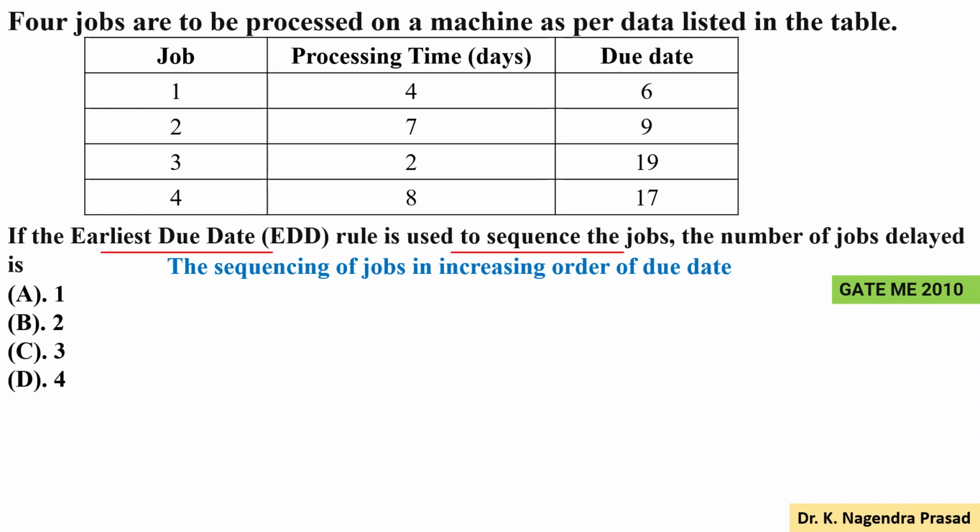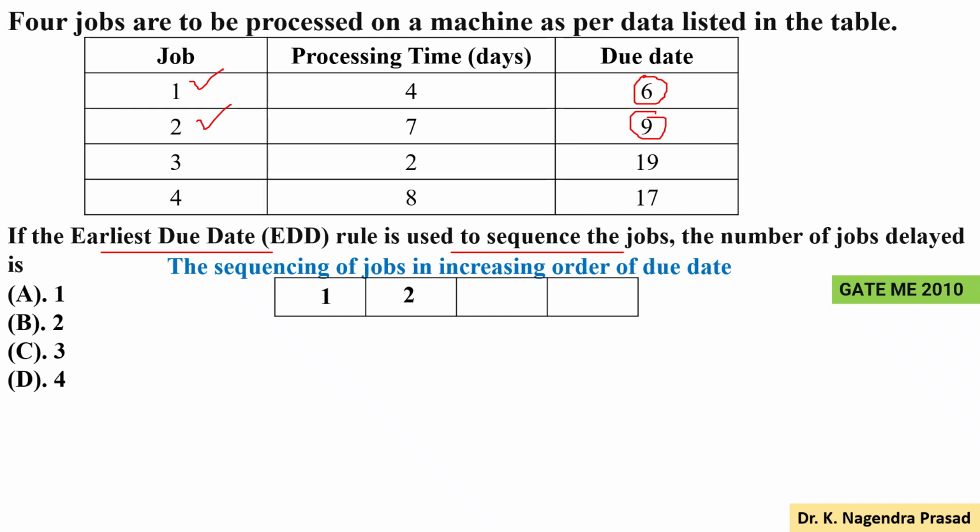The minimum due date is 6 for the job 1. So in the job sequencing order, first we place the job 1. Next to the minimum due date is 9 for the job 2. Then we place the job 2 after the job 1.